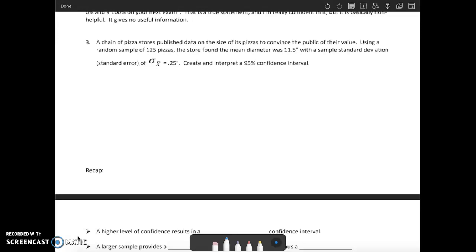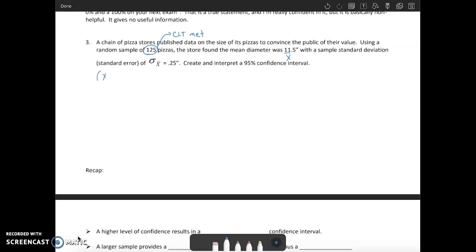Create and interpret a 95% confidence interval for this situation. So we're given the X bar value. Our sample size is plenty large, so the CLT is met and we can continue with this process. But instead of being given the margin of error, we're given the sample standard deviation, so we have one more extra step to do on a problem like this.